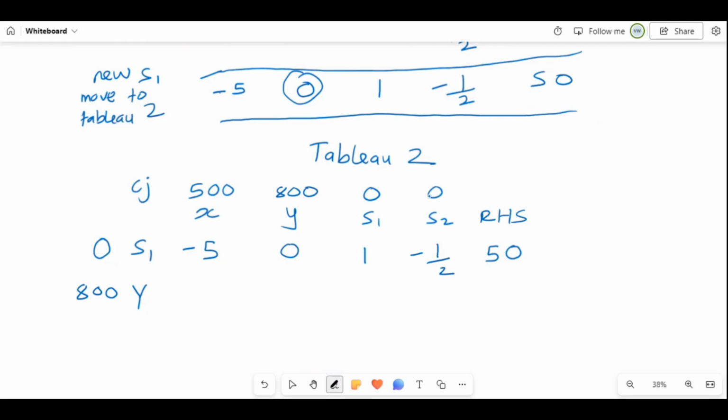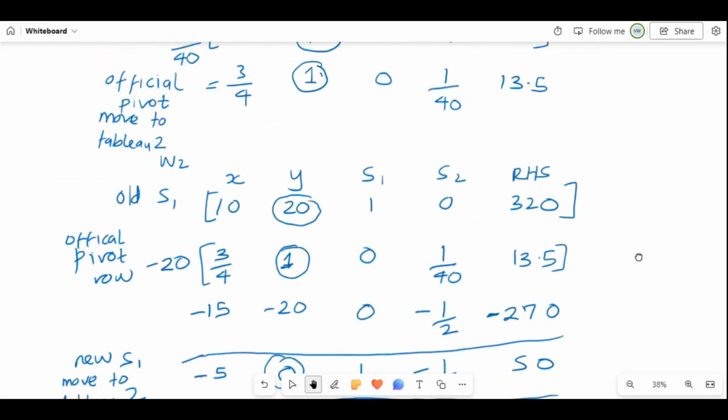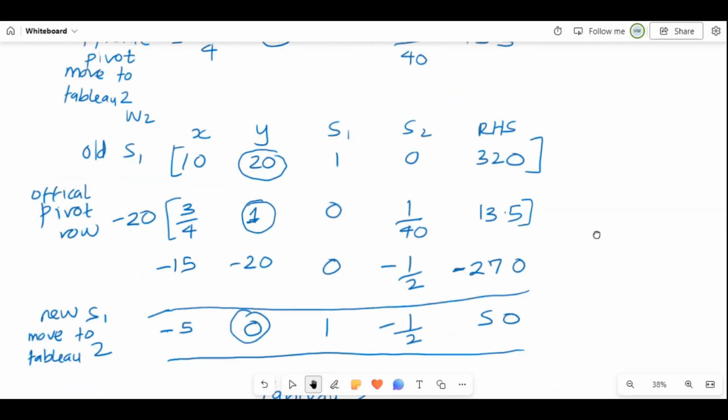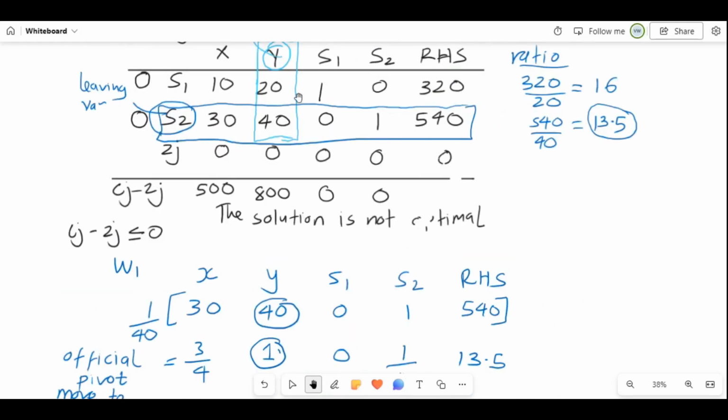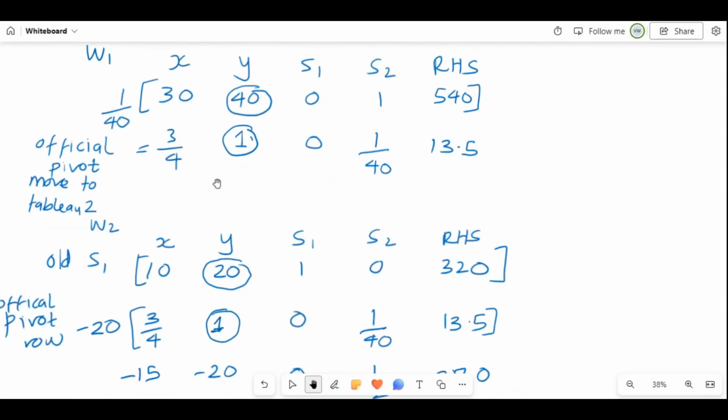Then remember this was the pivot row, but in our initial tableau, the pivot row had a pivot element of 40, but we've already made this to be 1. So we have to take now the elements of the official pivot row, whose pivot element is 1.